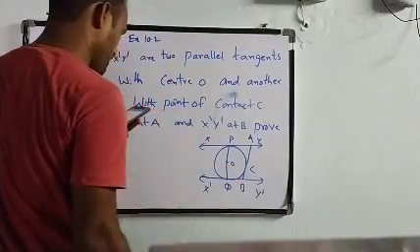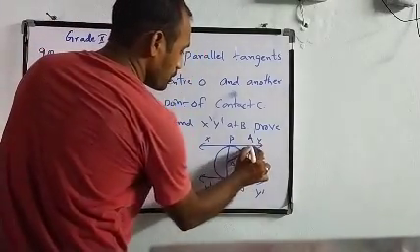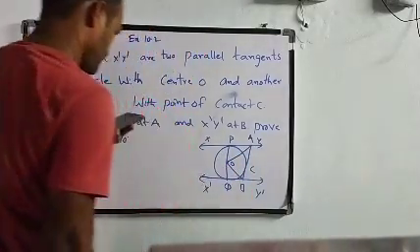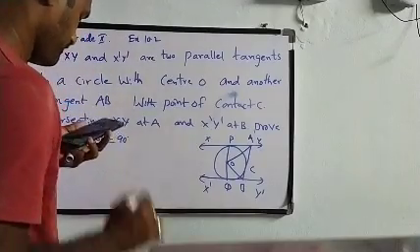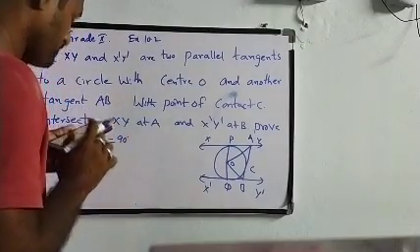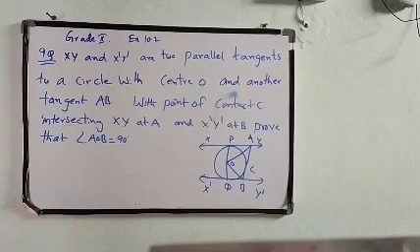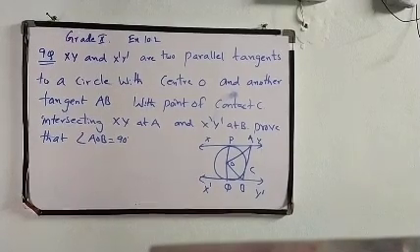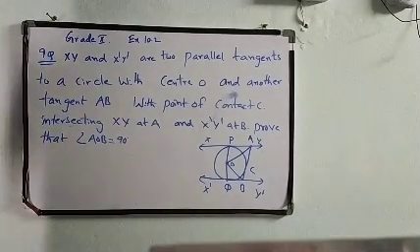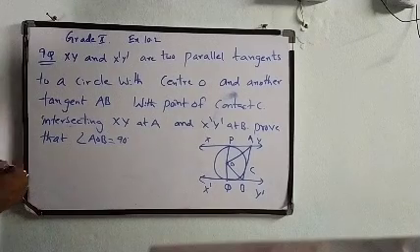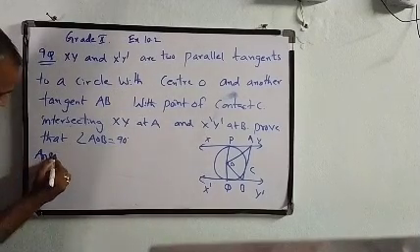This is the center of the circle. So OA and OB are joined. So these are the given things in the question. Now let us start doing the answer. First, let me write the answer.